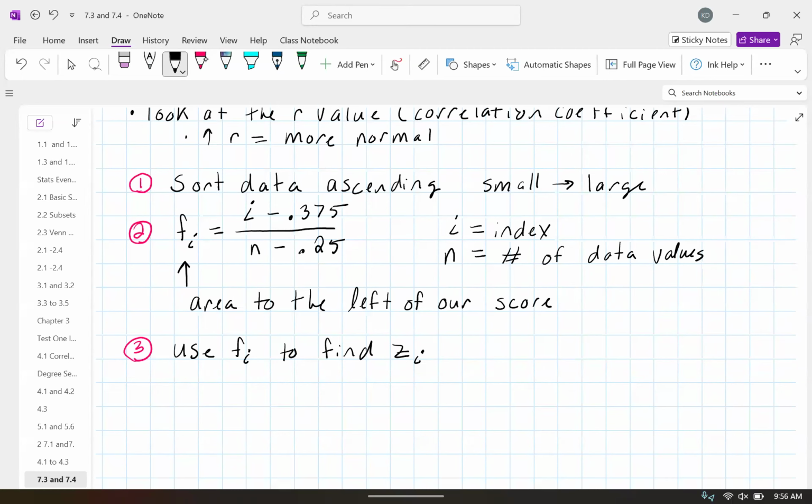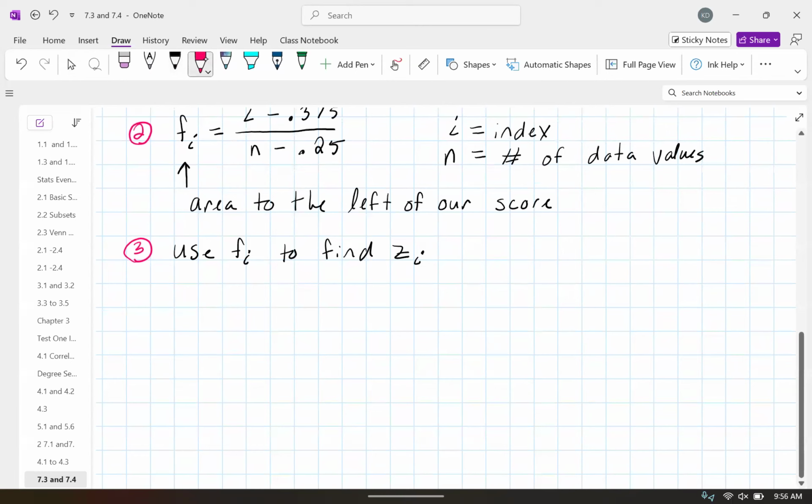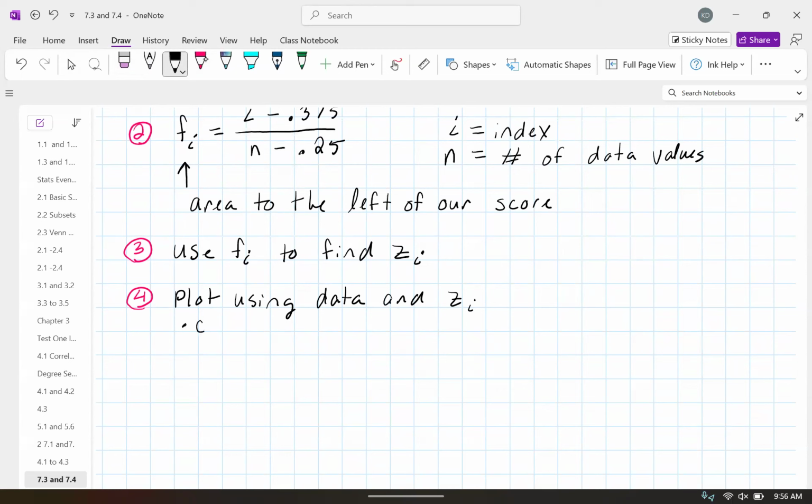And finally, calculate. We're going to use technology to calculate our R. We're not going to go through and do that whole mess of stuff. Most of our tools should be able to get it for us.